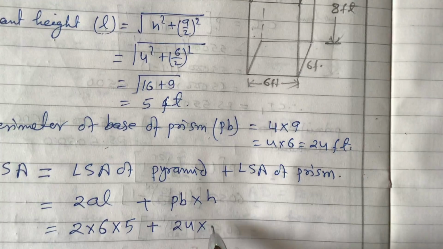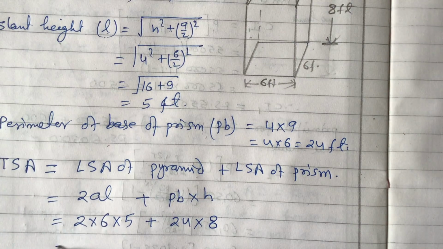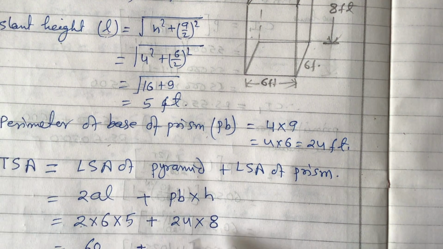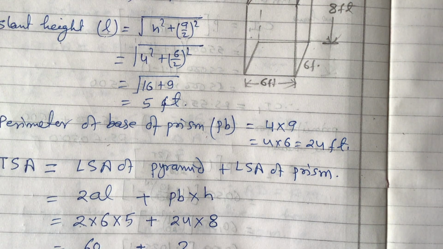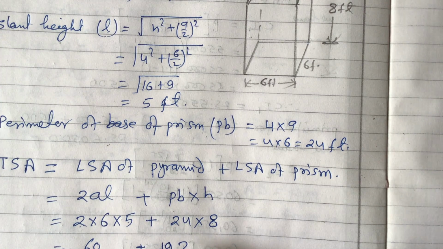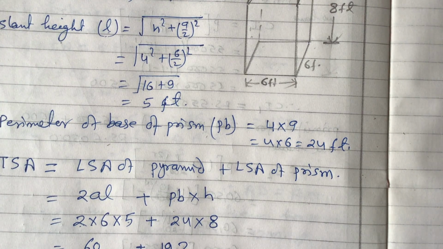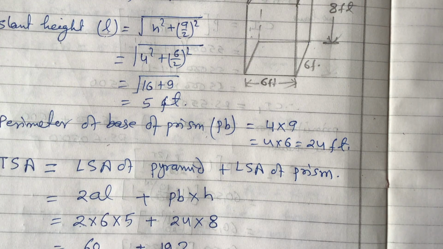Height of the prism is 8 feet, so 8. So 2 times 6 times 5 is 60, plus 8 4s are 32, carry 3, 8 2s are 16, 16 plus 3 is 19, 192 you will get. 192 plus 60, 2 as it is, 9 and 6 is 15, 252 square feet.